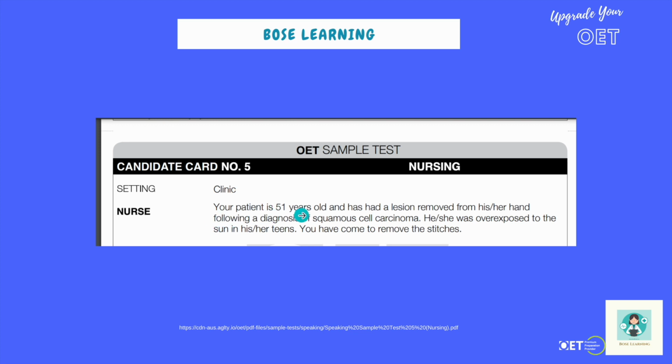This patient is 51, has had a lesion removed from his or her hand following the diagnosis of carcinoma, and he or she was overexposed, rather, to the sun in their teens. You've come to remove the stitches. So the task carries on, of course, and goes into this in more detail. But your job is to remove the patient's stitches, basically.